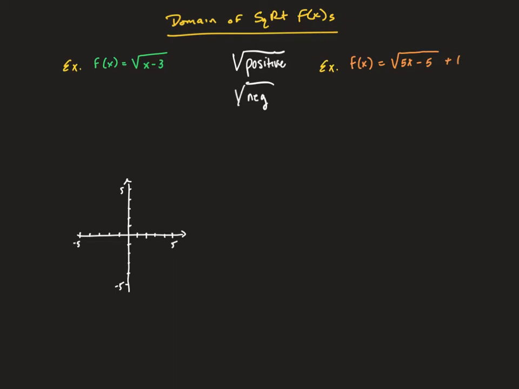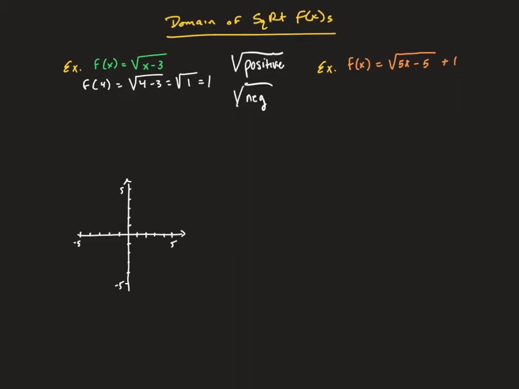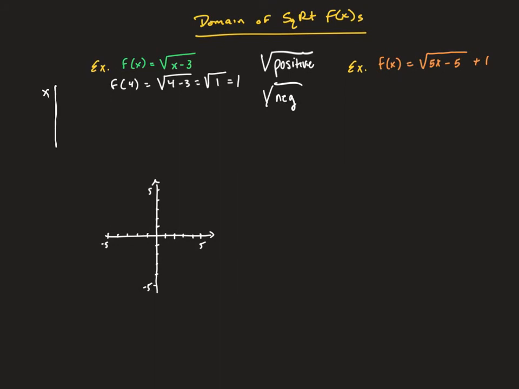And when I say that, well, let's look. If I say x is going to be 4, then I am going to have the square root of 4 minus 3, which is the square root of 1, which is 1. Okay, I can actually do that. That seems reasonable. When x is 4, y is 1.